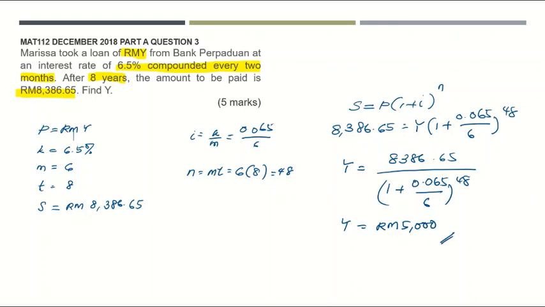So the total amount of loan taken was RM 5,000. After 8 years, she has to pay 8,386.65, including the interest rate of 6.5% compounded every 2 months. That is the first question in December 2018, part A, question number 3, for 5 marks.